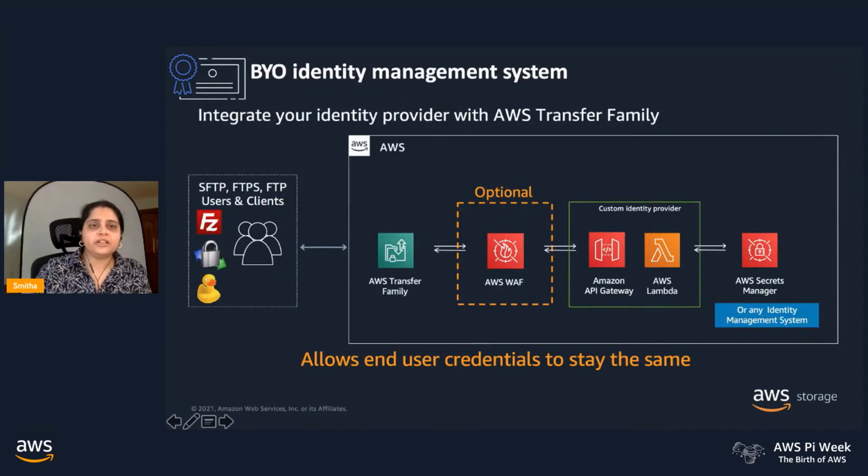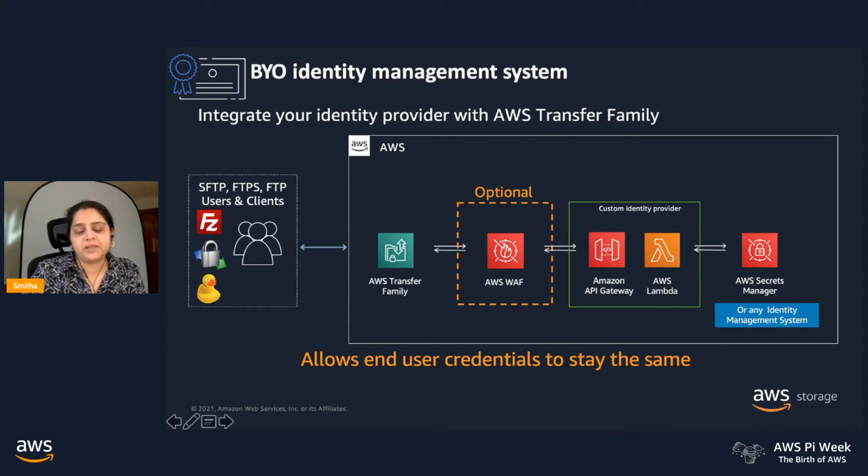So first, I'll go a little bit into identity management system. As I mentioned before, AWS Transfer Family connects into your existing identity providers. The way it works is, when you set it up, you would plug it into an existing auth provider.